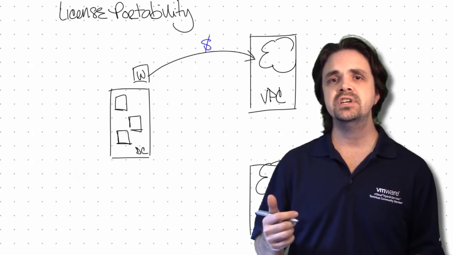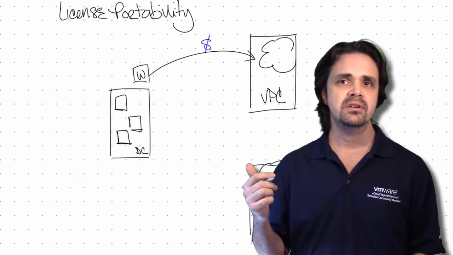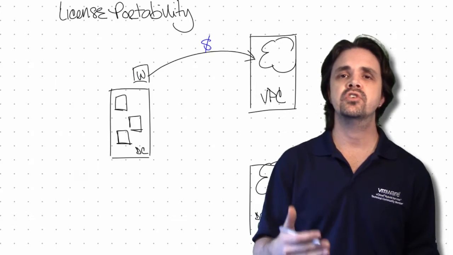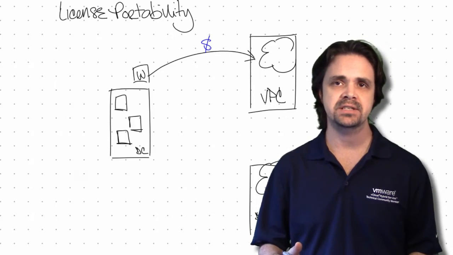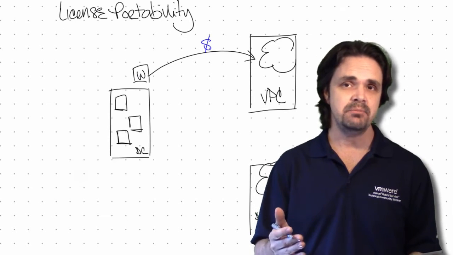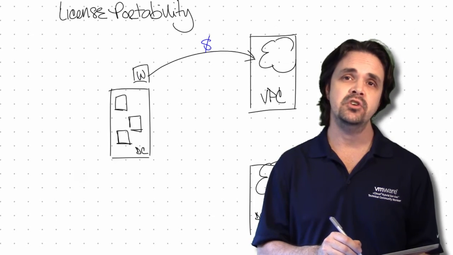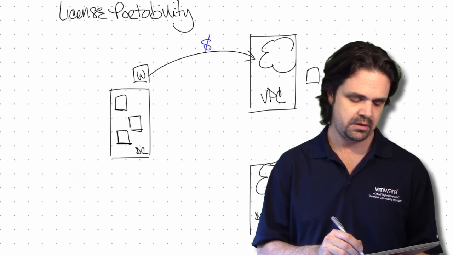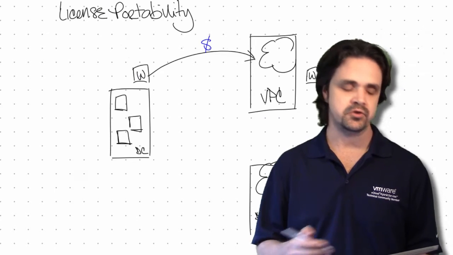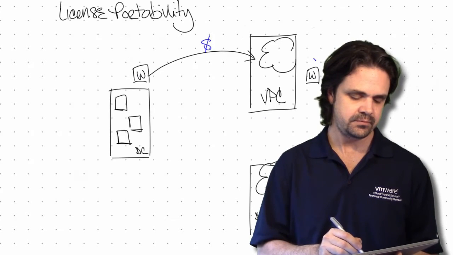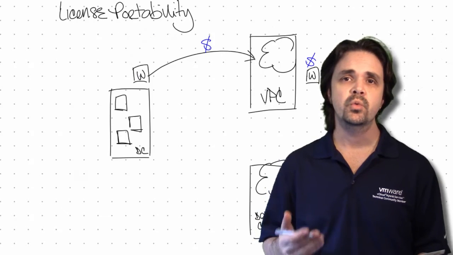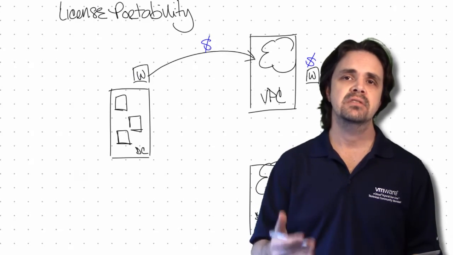So that virtual machine that gets moved out is going to incur an operating system license, just the same as if you had gone out there and done a net new build of that Windows virtual machine. That too would incur a license cost.